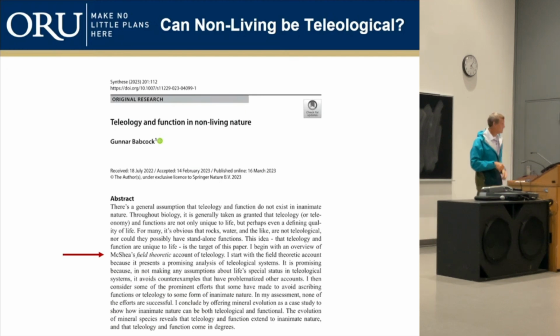Well, I found a really interesting paper that came out this year in March, Teleology and Function in Non-Living Nature by Gunnar Babcock. And he uses McShay's field theoretic account of teleology, which says, look, if there is a field, and you can think simply of a gravitational field in which certain things tend to an end, like a ball in a bowl will tend to the bottom of the bowl.